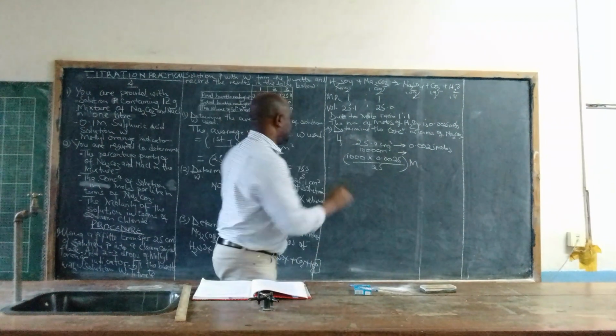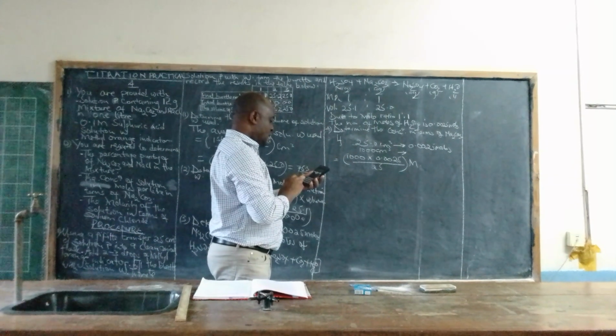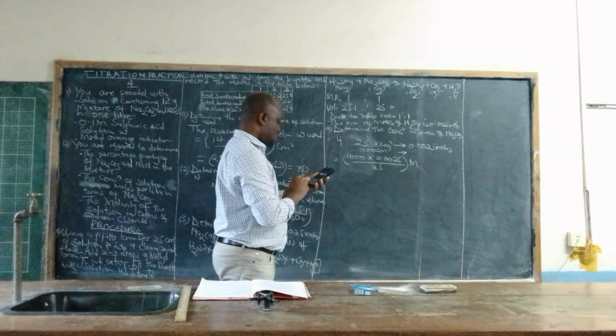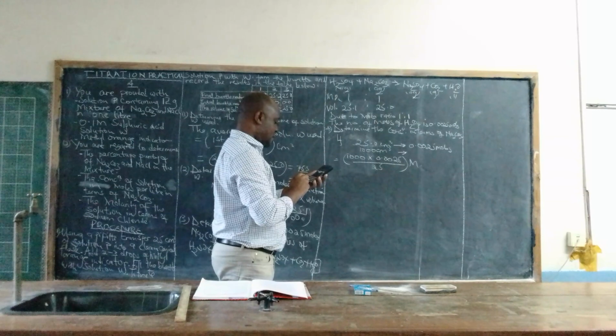So we go back to our calculator. 1,000 times 0.0025 divided by 25.